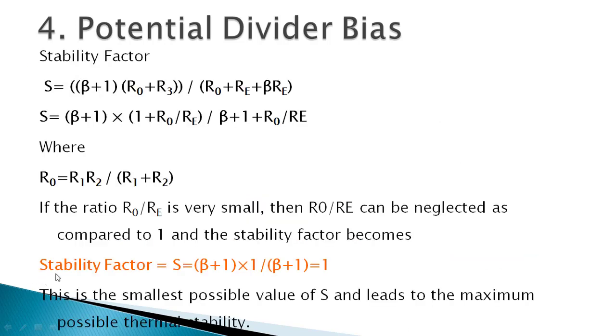The stability factor is calculated as S equal to 1 in this method. This is the smallest possible value of S, and it gives the maximum possible thermal stability. So this method is more popular because it is more stable.